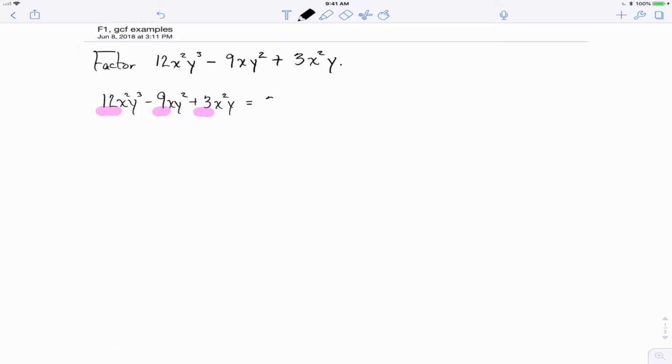So what I'm going to do is write this instead as 3 times 4x squared y cubed minus 3 times 3xy squared plus 3 times 1 x squared y.